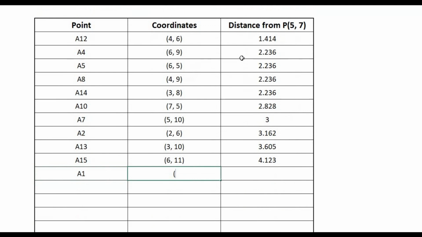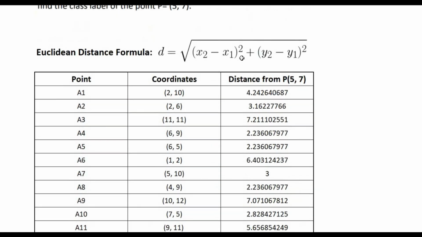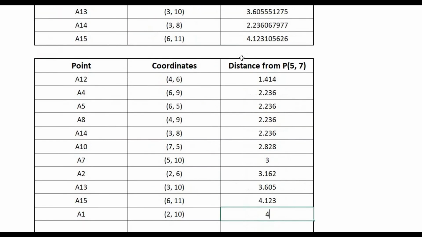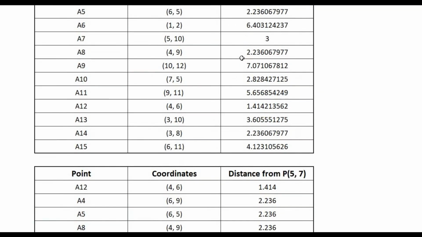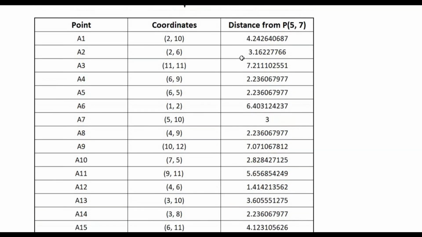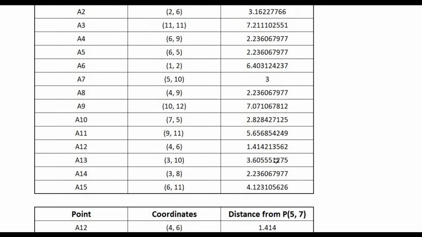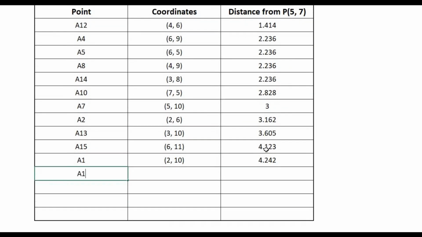The coordinates of A1 are 2, 10, and the value was 4.242. Now the next value we have is in the 5 series, 5.656, A11, 9, 11, and the value is 5.656.